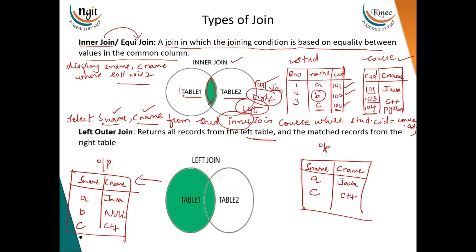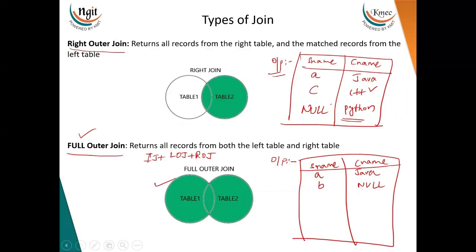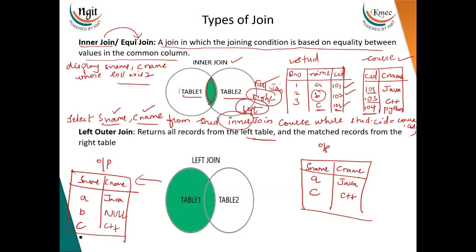And next is what? 103. 103 is present in the course table. And who is the person who has enrolled for CID 103? C is the person. And what is the course name we have? That is C++. So thereby you get output as C, C++. And next, we have another course ID, which is 104.